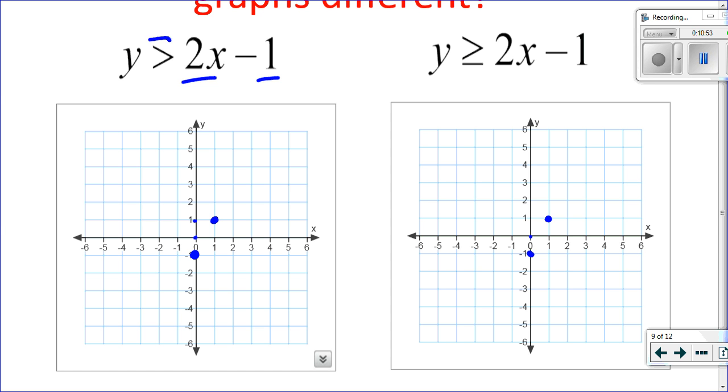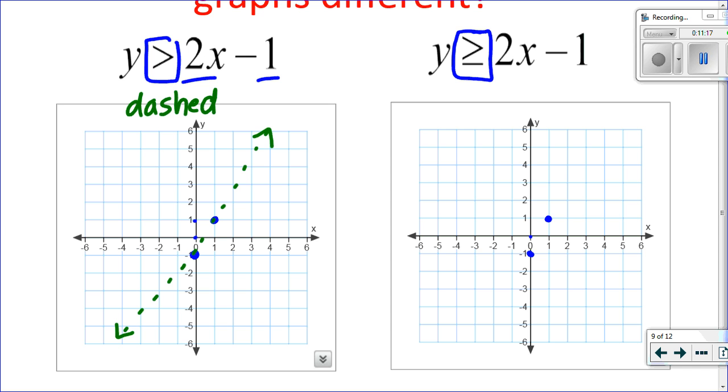The only difference you'll notice is this. Right? So I have y is greater than 2x minus 1. What that tells us for this one is that because it's not equal to, that line is going to be dashed. So if it does not include the equal to sign, that is a dashed line.